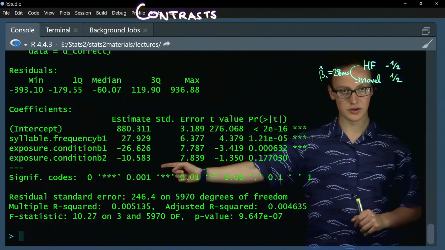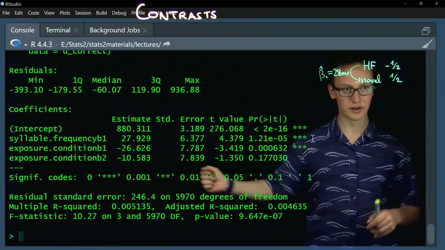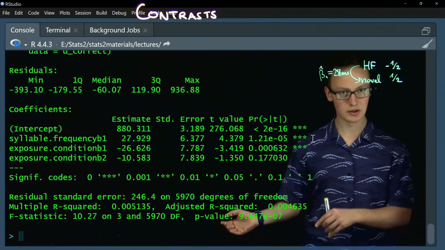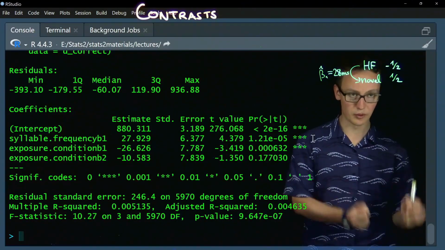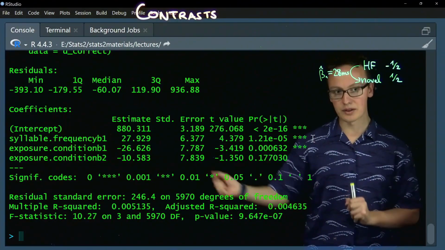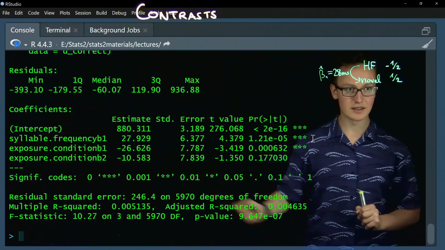And also we have a slope for the difference between the control, the no training condition, and the condition with auditory training. Here you have a decrease in response latency as well.